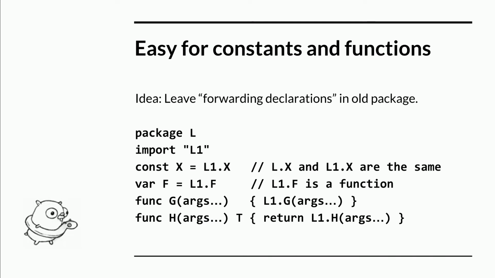You can keep an import to L1 in L. And for constants and functions, you can have a forward declaration, so to speak, here. Let me show that here. For a constant, you can just define a new constant that has the same name as the one that you just moved. For functions, you can have some wrapper functions that call the function that you moved, or you can even declare a variable of function type, if you don't have to worry about that variable being overwritten.